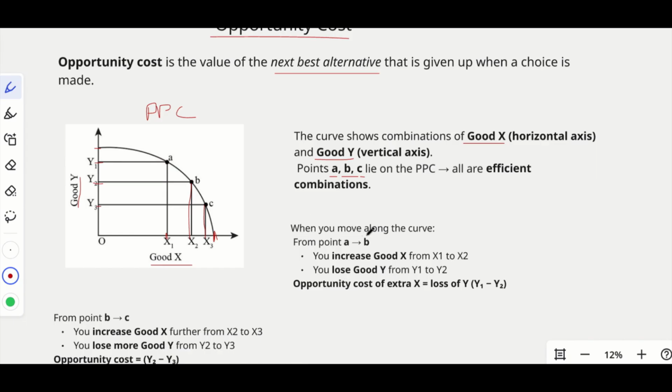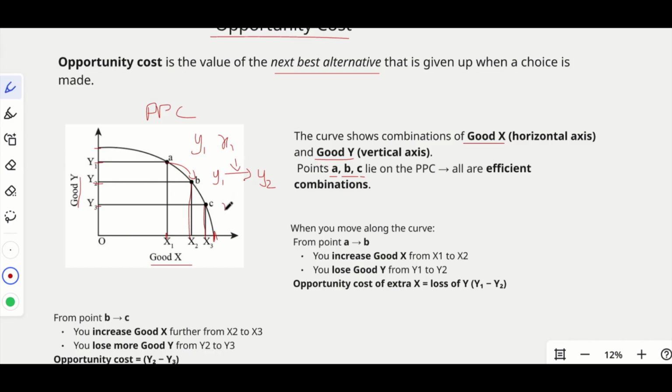Now, when you move along the curve from point A to B, you can see an increase in good X. At point A, the amount produced of good Y is Y1 and good X is X1. When you move from A to B, what is the change? From Y1 to Y2, it is reduced, so the production of Y has reduced.